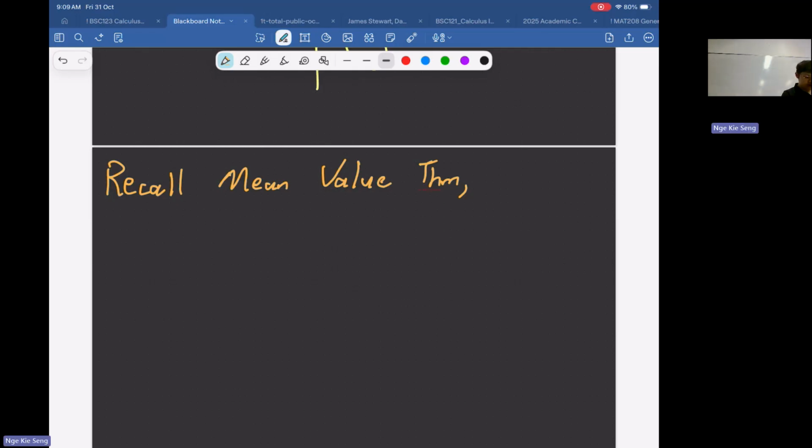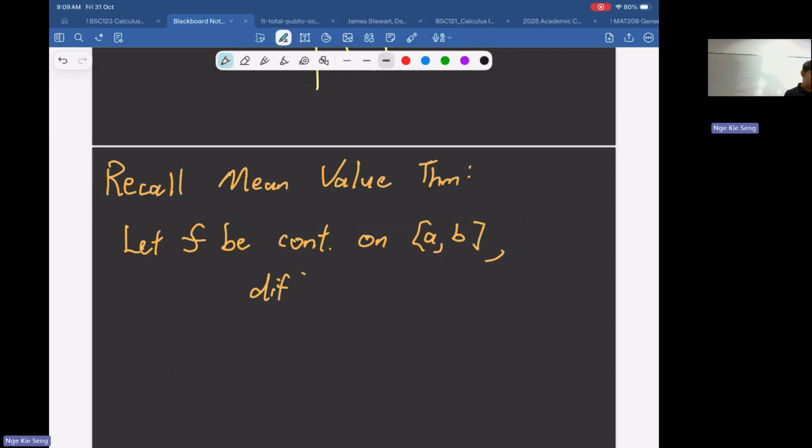Okay, so what's the mean value theorem? Let f be continuous on a closed interval and differentiable on the interior, so the open interval from a to b.